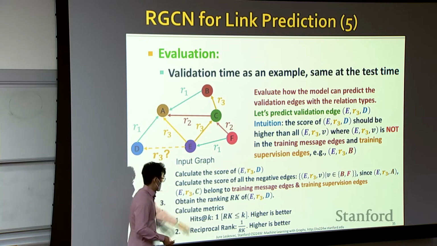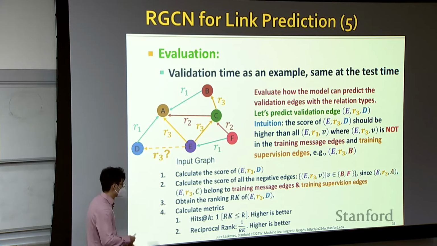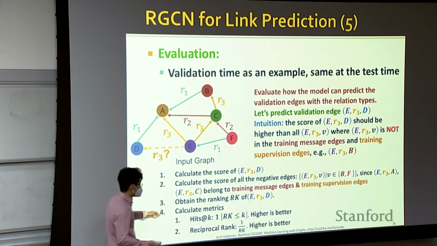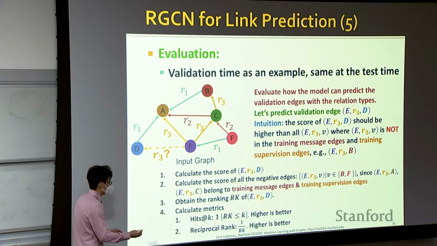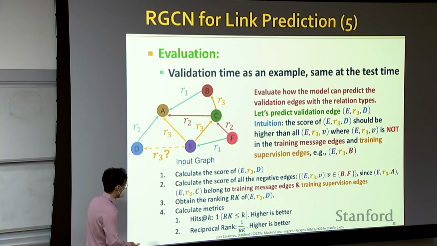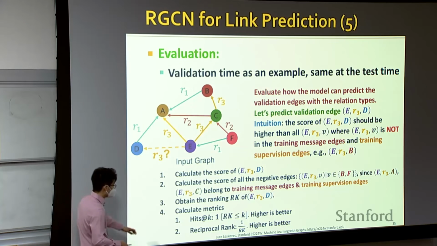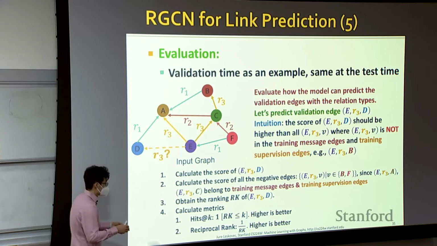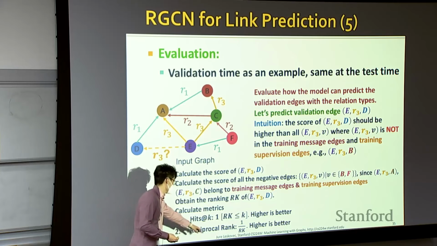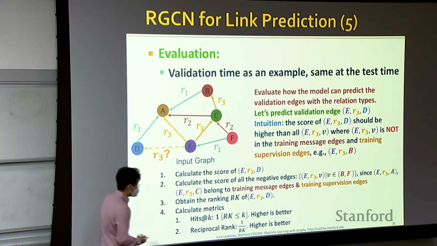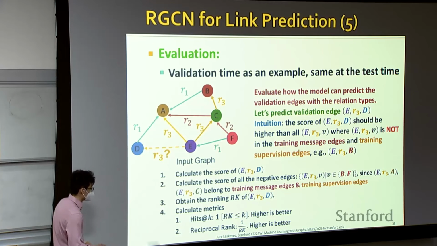The third step is the most important thing here: we want to obtain the ranking of the positive edge over all the negative edges. So this way we know, for example, that the model ranks the positive edge as second among all the edges. And finally, we can report some ranking-based metrics like hit at k, which says whether we correctly ranked the positive edge to be the first edge, and reciprocal rank, which tells us the reciprocal of the rank. So these are some standard ranking metrics for this problem.